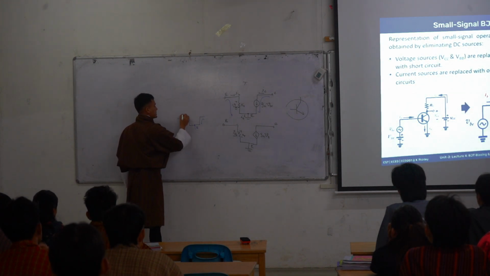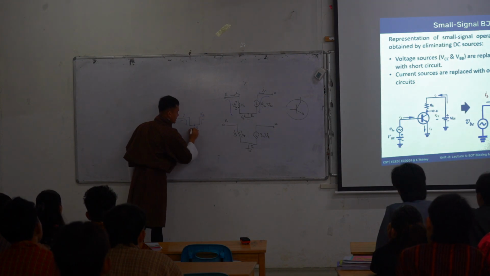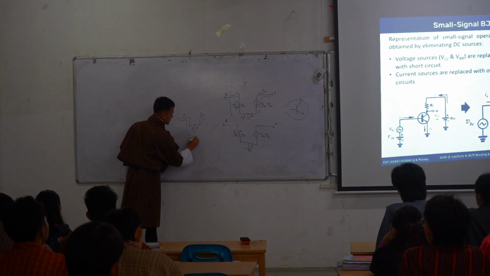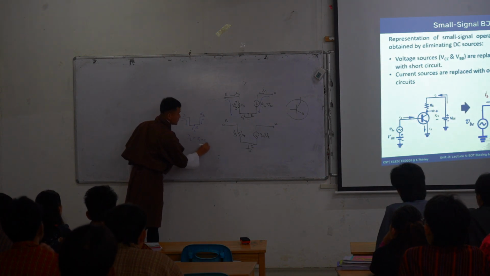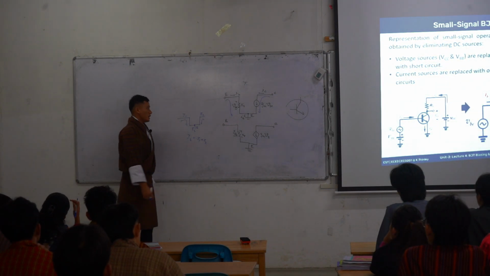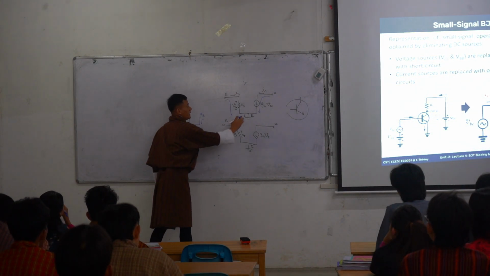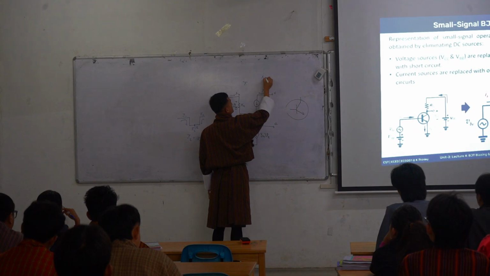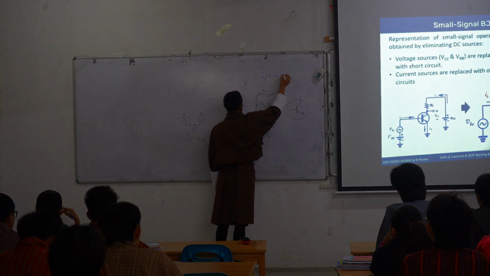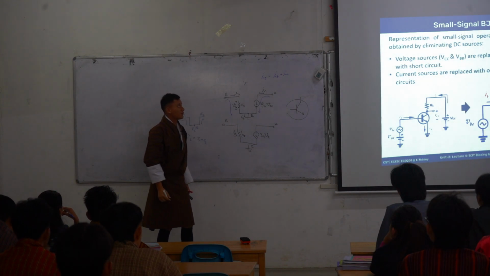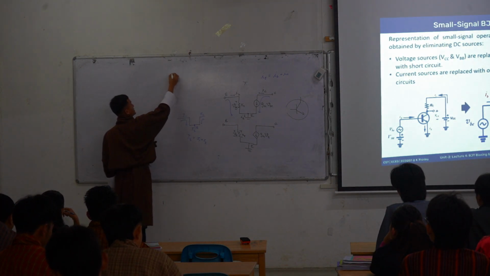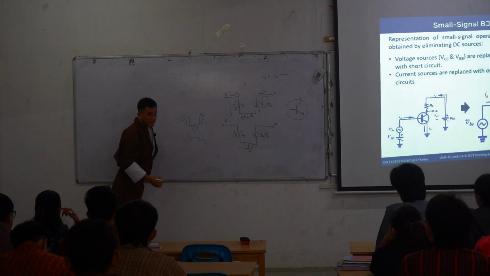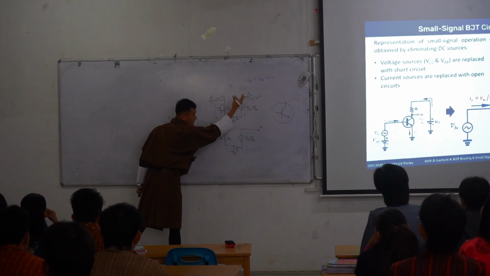If you represent this as I1, this as I2, and this as, let's say, I3, and apply KCL, then your total current I3 would be I1 plus I2. If you use this analogy over here, this would be your ie is equal to ib plus ic. From DC analysis, we know your IE is equal to IC plus IB, very same.